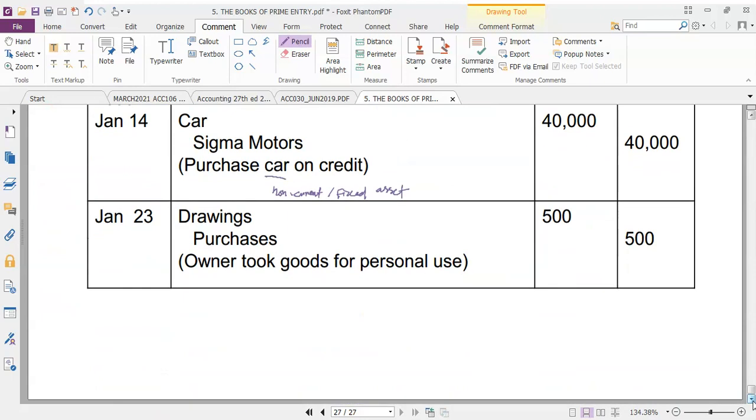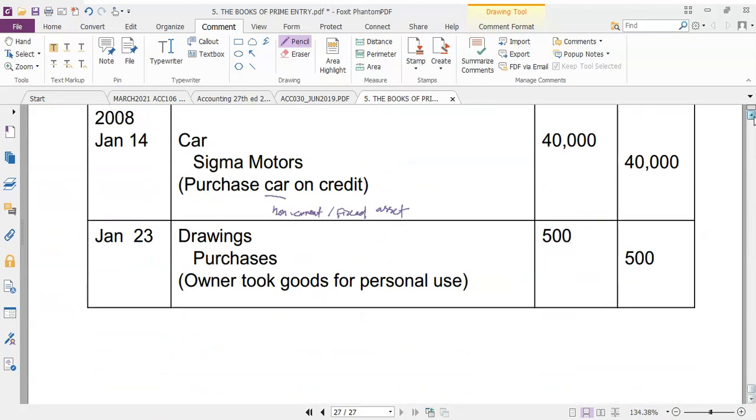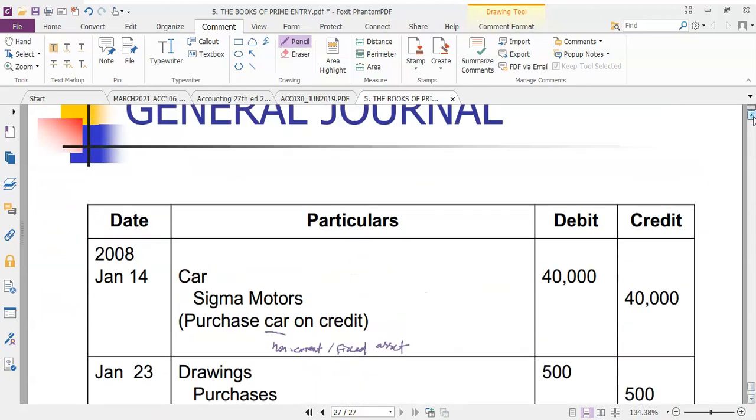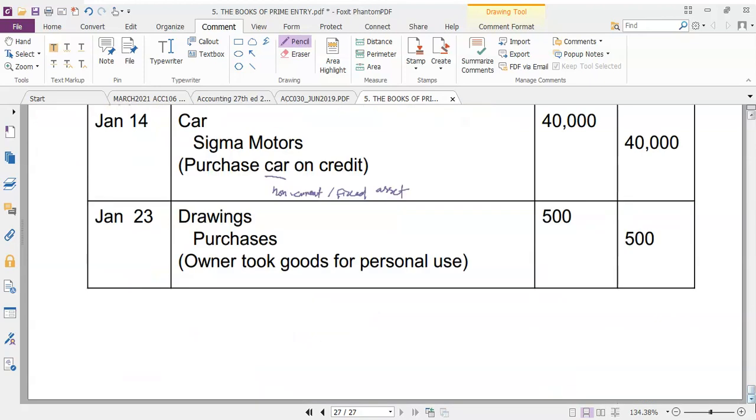The general journal is different from other journals, where we must put debit and credit sides. But for other journals such as the purchase journal, sales journal, returns inward journal, cash payment journal, returns outward journal, we don't need to do double entry, debit and credit.